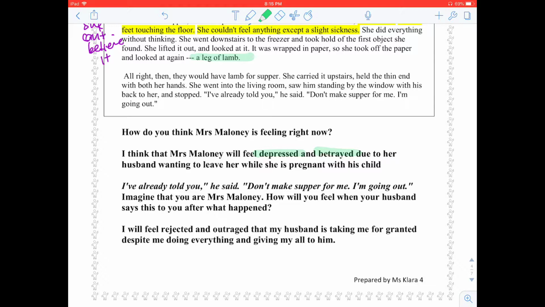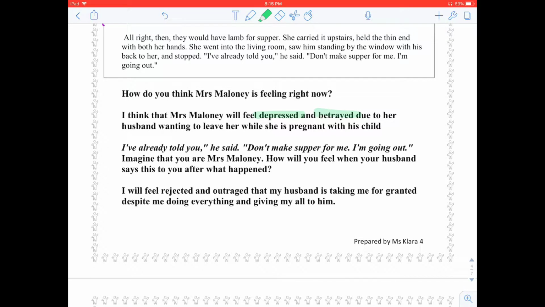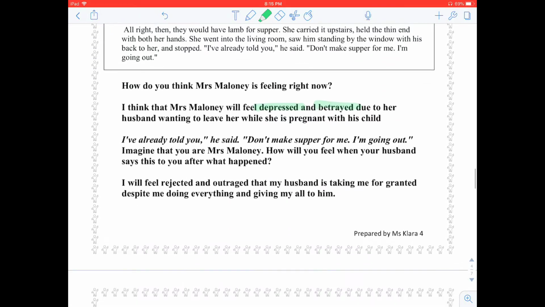So imagine you are Mrs. Maloney. How will you feel when your husband says this to you after what happened? He says he's leaving you, and then he says, you know what, I'm going out. So a possible answer is that you will feel rejected and outraged that my husband is taking me for granted despite me doing everything and giving my all to him. So these are possible answers that we can explore about Mary Maloney's feelings.